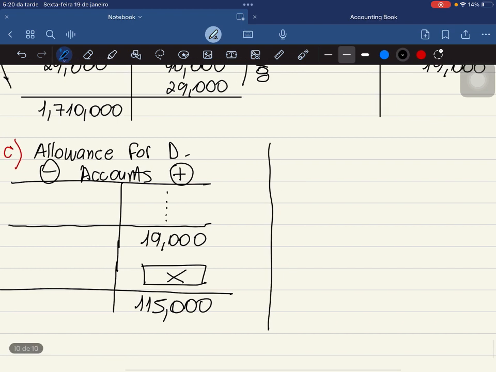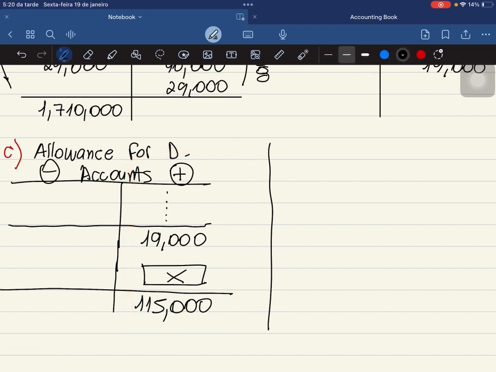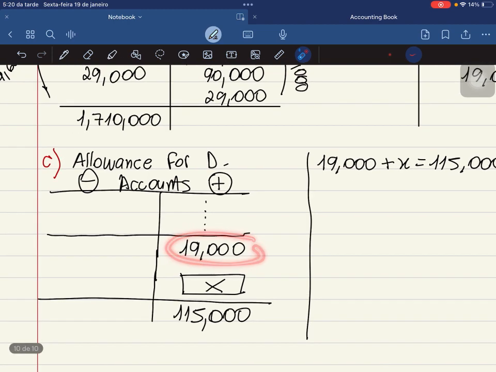So here, since we are on the positive side, this is a plus 19,000, right? So just 19,000 plus X is going to be 115,000. Let's say that this 19, for example, was over here. We would have minus 19,000 plus x equals 115.